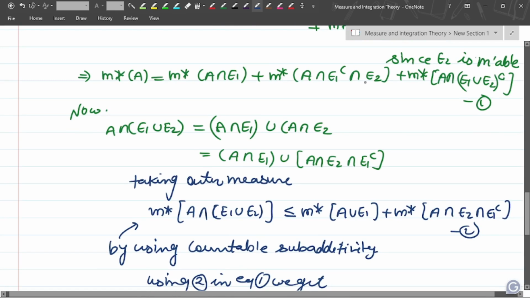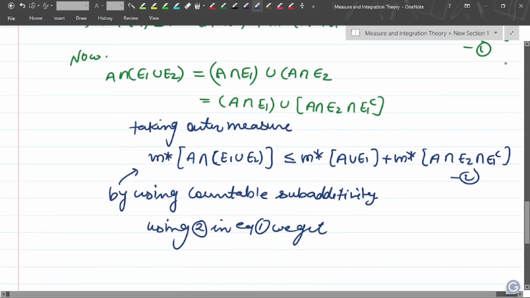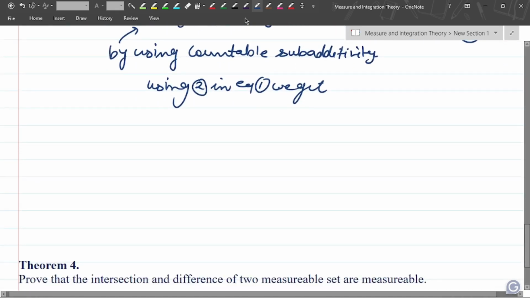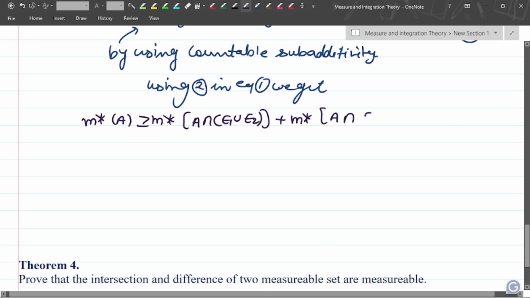Here we have the value of this complement, and I think we will use this value. So we get the outer measure of A is greater than or equal to the outer measure of A intersection (E1 union E2) plus the outer measure of A intersection (E1 union E2) complement, as it is.